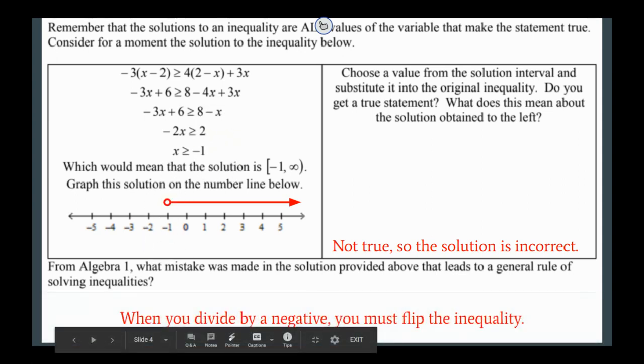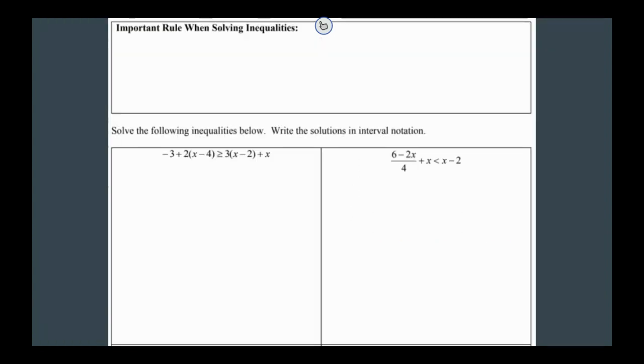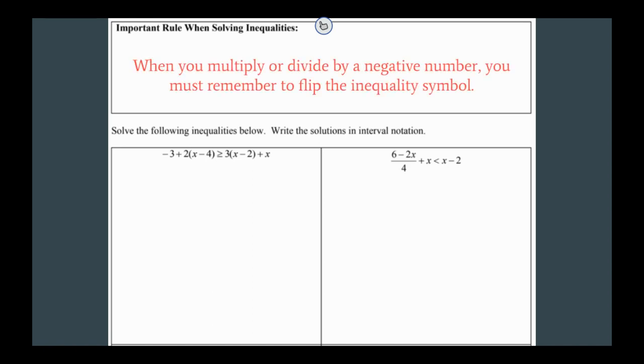So when you divide by a negative, you must flip the inequality. You don't have to write it right here because you're going to write it on the next page. You can put a hint like "flip the inequality". As a reminder, an important rule when solving inequalities: when you multiply or divide both sides by a negative number, you have to flip the inequality symbol.